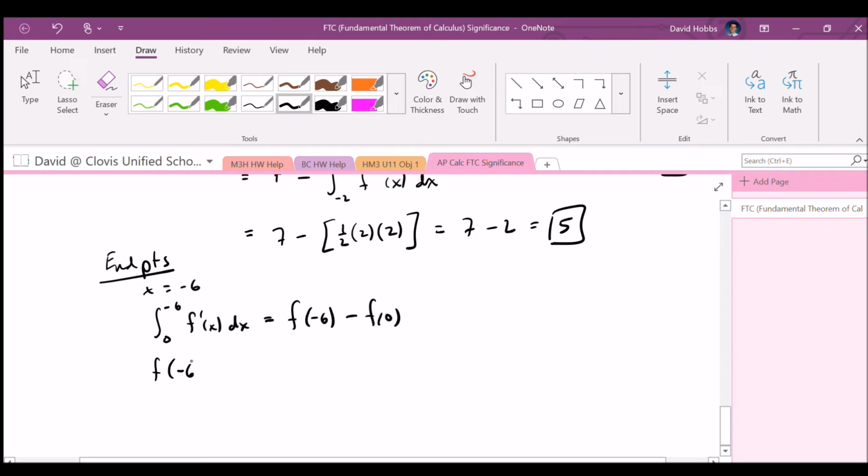So f of negative 6 is equal to f of 0 plus the definite integral from 0 to negative 6 of f prime of x dx, which is 7 plus that definite integral. Oh, but remember, 0 to negative 6. It might be nice to do negative 6 to 0, which means that instead of plus, it's actually minus.